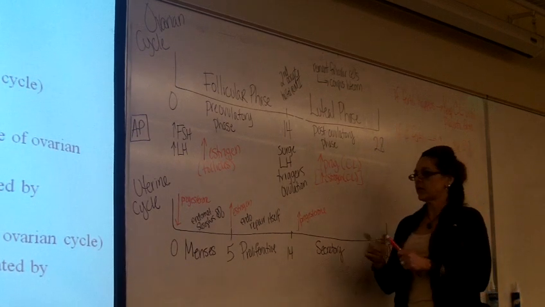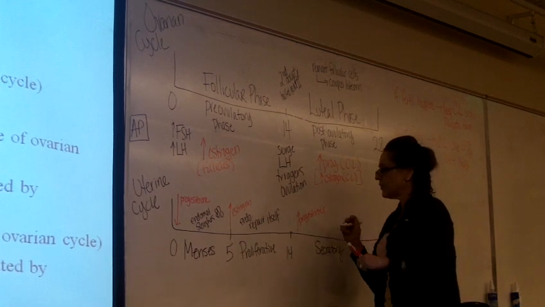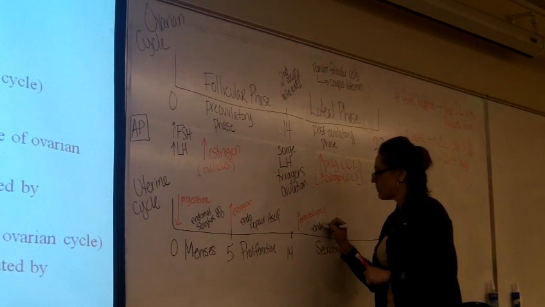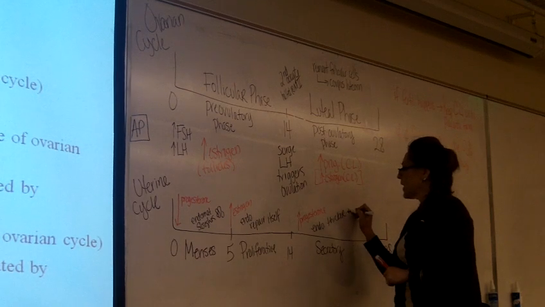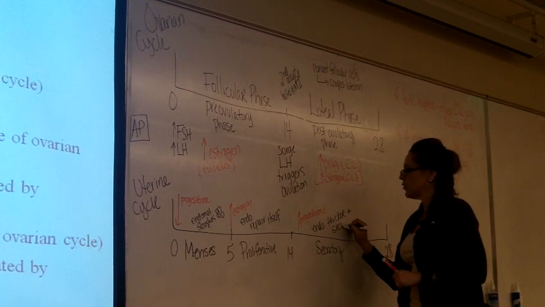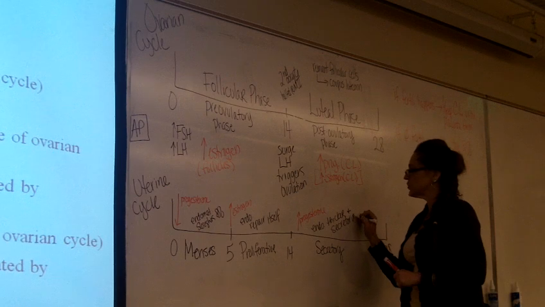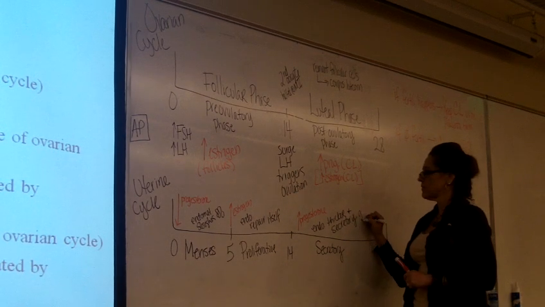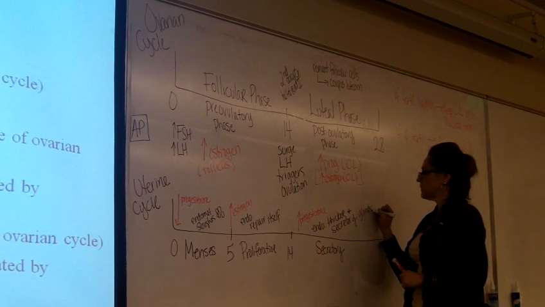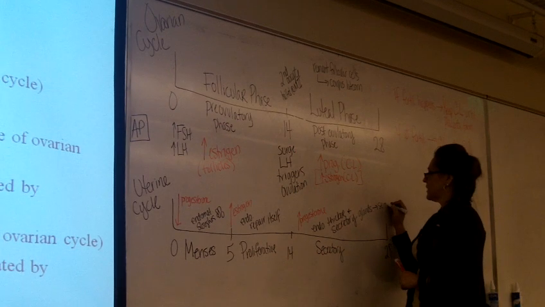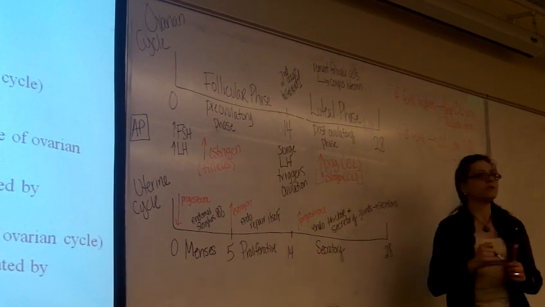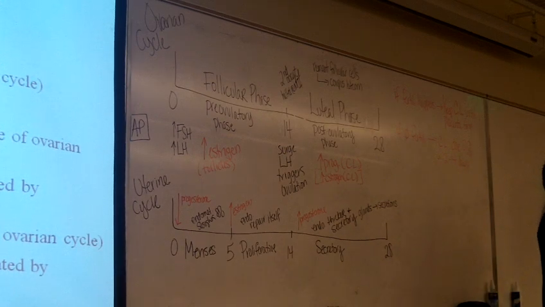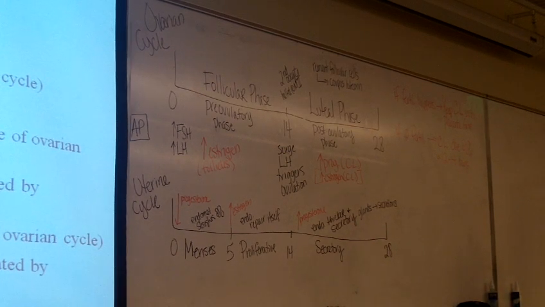And this is where the endometrium is getting thicker and thicker. And it starts forming a whole bunch of secretory glands that are producing a whole bunch of secretions. And a lot of those secretions are nutrients that will support whatever is going to implant.